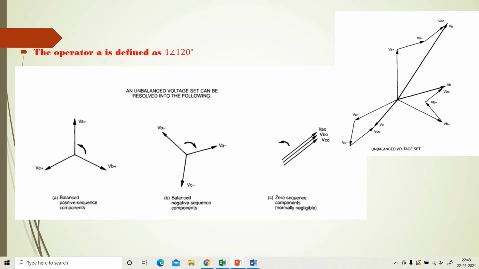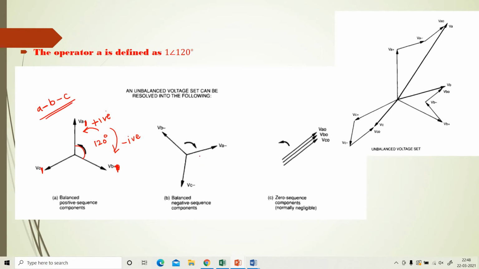In a positive sequence component, VA1, VB1 and VC1, the angle difference between any two phases is 120 degree. The clockwise direction means negative angle, anti-clockwise direction positive angle. What is the sequence of the positive sequence component? A, B, C.